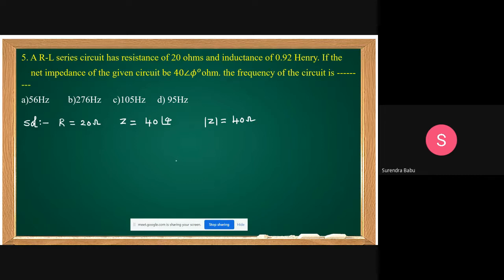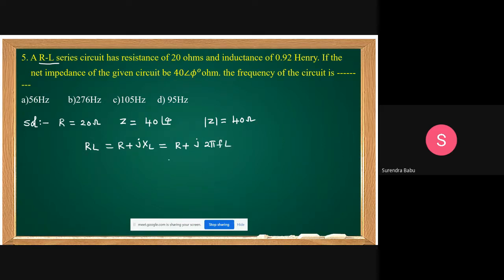Here we want to find the frequency. Given is an RL series circuit. For an RL series circuit, how can we write, students? R plus jXL, R plus j 2 pi F L. Is it clear?